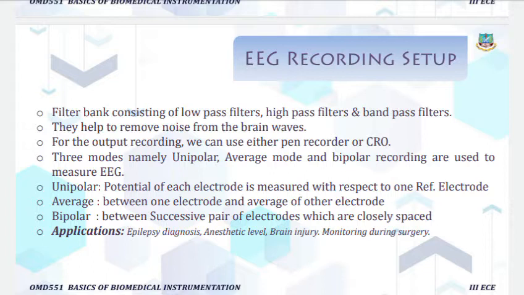Then the last one, bipolar mode. Using bipolar electrodes, the potential is measured between successive pairs of electrodes, that is, electrodes that are placed nearby, closely spaced. So the potential is measured along that. Okay, these are the three modes. You have to study this, it's important for a 2 mark question.